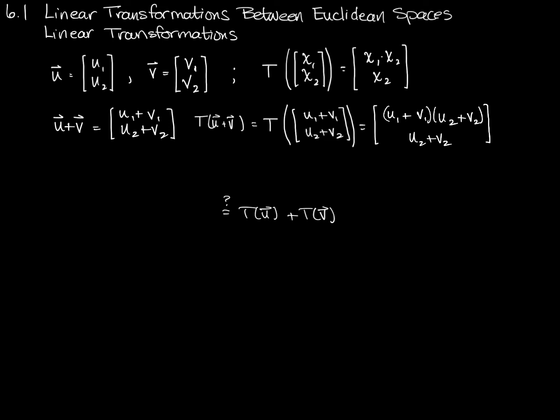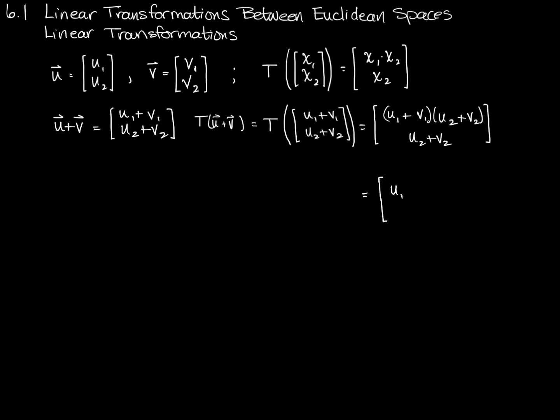Now, I'm going to erase this. It's not as obvious here what I might do to rewrite this vector that I have. I could actually do this multiplication, right?